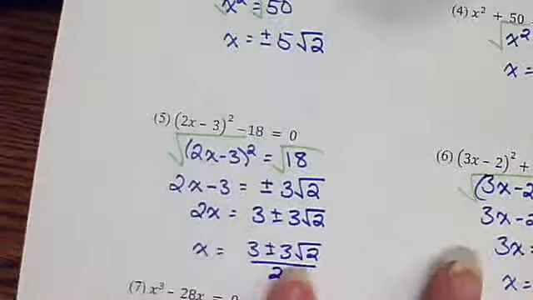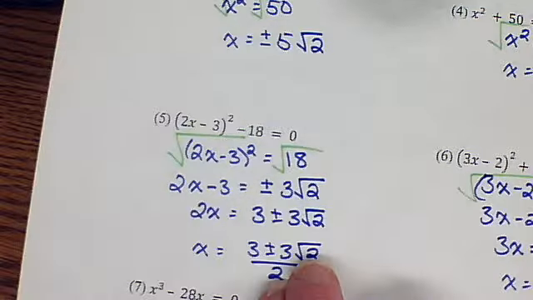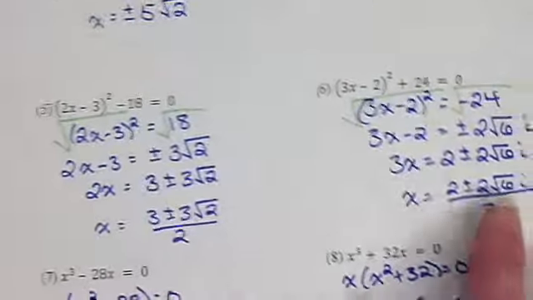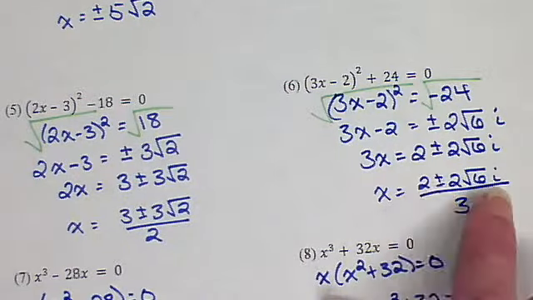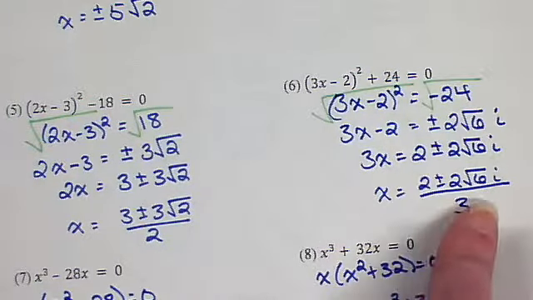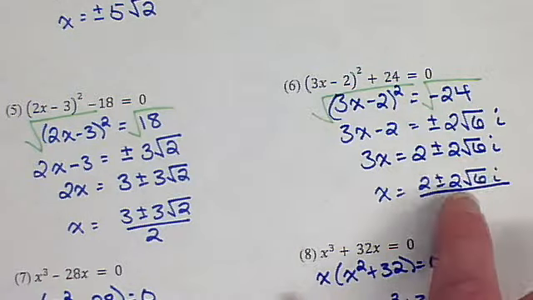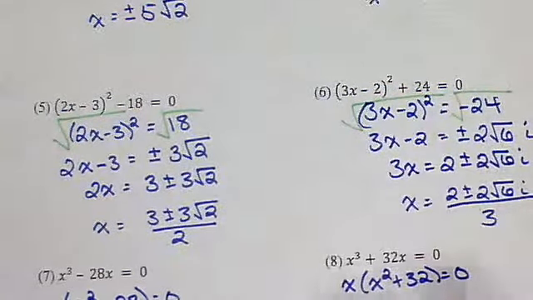Here, 2, because you have a positive and negative answer, irrational, so you would have 2 x-intercepts. Here, 2 plus or minus imaginary, or complex, actually, because we have a real part and an imaginary part. No x-intercepts.